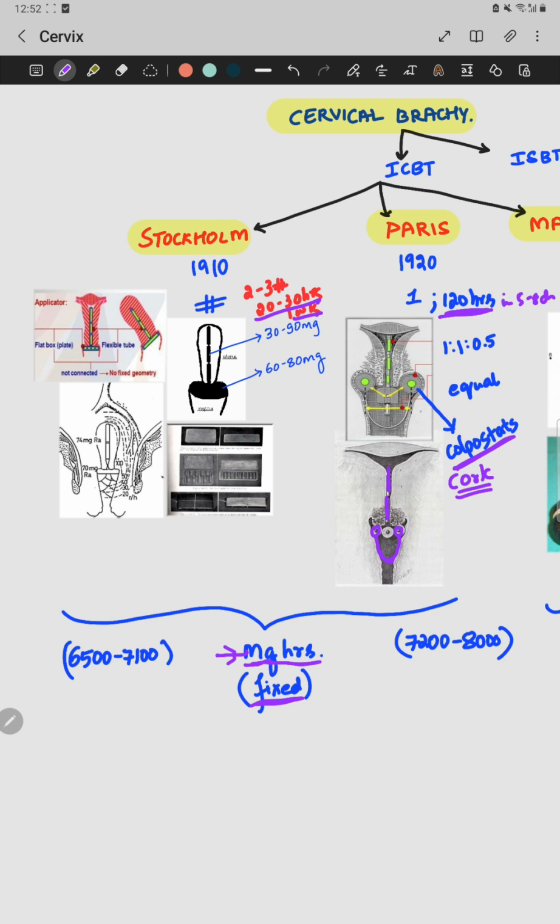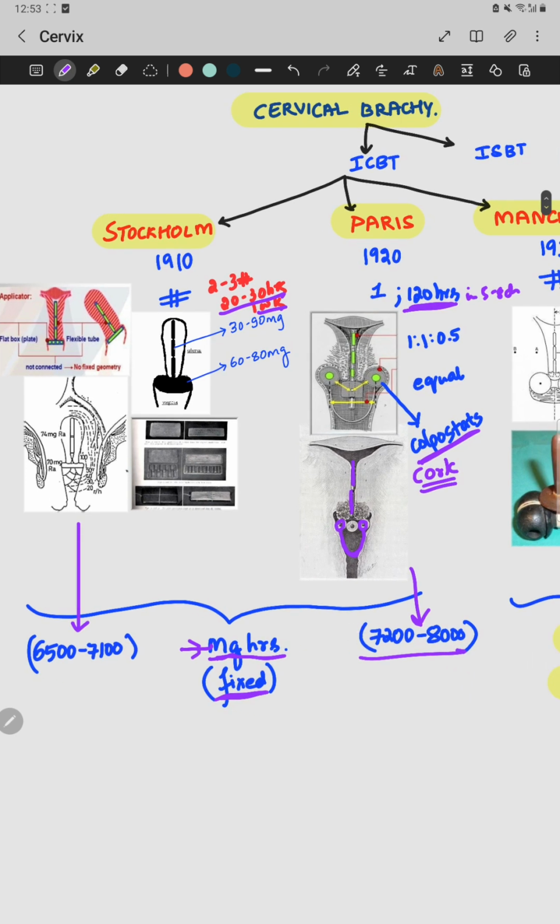So according to Stockholm, they used to give around 6,500 to 7,100 mg-hours. According to Paris, they used to give 7,200 to 8,000 mg-hours. Now apart from radium, if they used other substances like cesium, iridium, all of that, at that time they used to calculate as radium equivalent mg-hours.